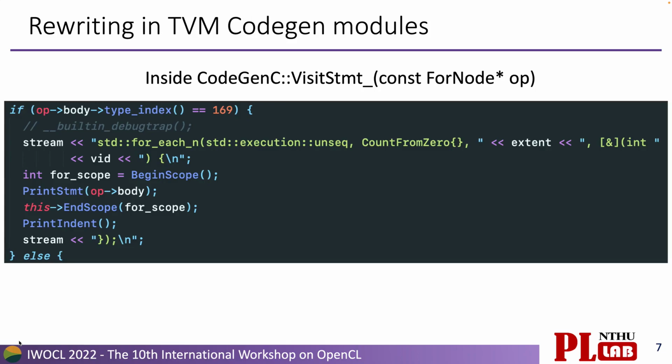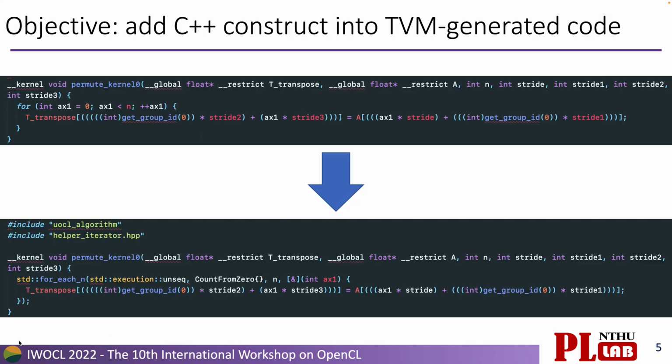This is the rewriting done in the TVM codegen modules. The loop body is a single one-liner assignment expression, which is represented as a store node inside the TVM internal representation.